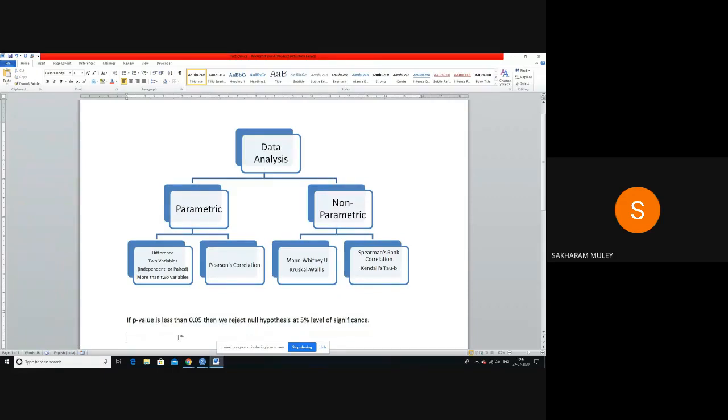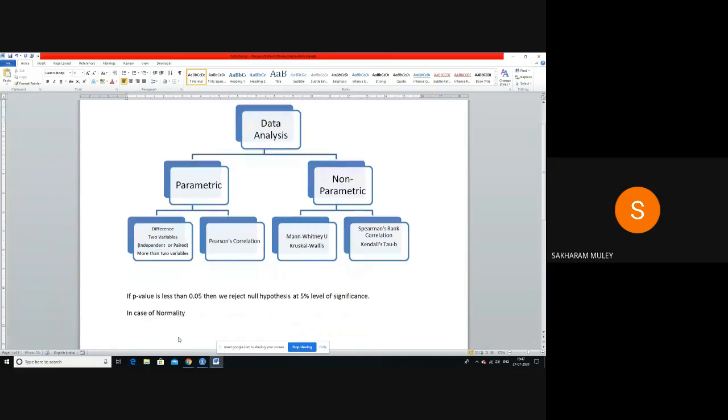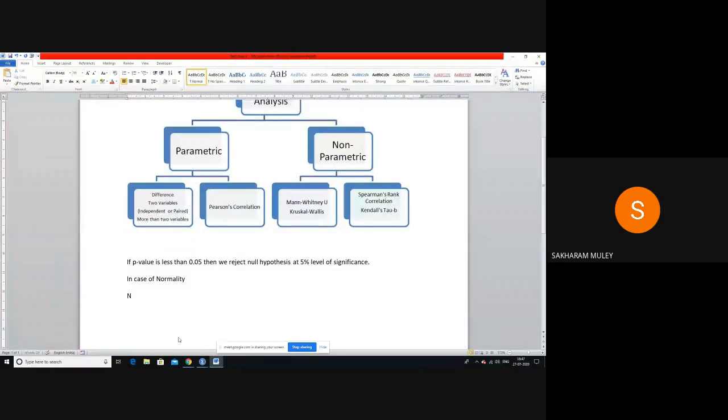In case of normality, your null hypothesis is that data is normally distributed, and in the alternative we write that the alternate hypothesis is that data is not normally distributed.